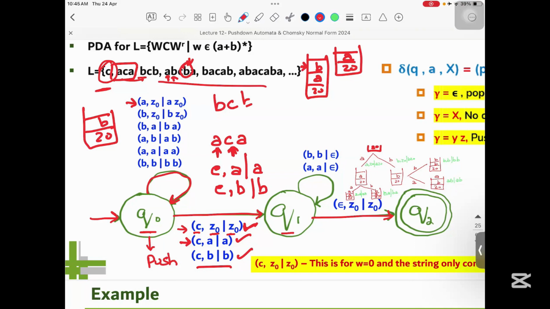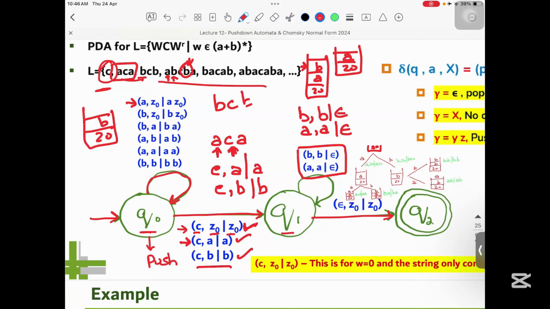So that's why I wrote here, if the input is B, on the stack top it is B, do a pop. Same is the case if the input is A, on the stack top it is A, do the pop, because it is a palindrome.